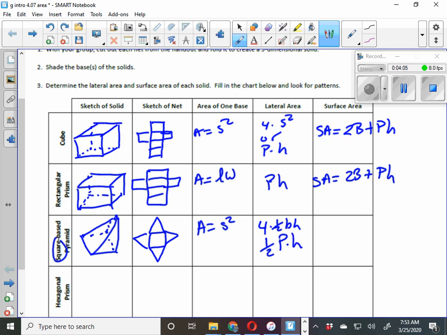Okay, now you're going to see that change when we come over here for the surface area equals area of the base, because there's only one base, plus 1/2 perimeter of the base times, and we call this the slant height. So the slant height is the height of the triangle on the side, or that height right there. So H is equal to slant height. We differentiate between those.